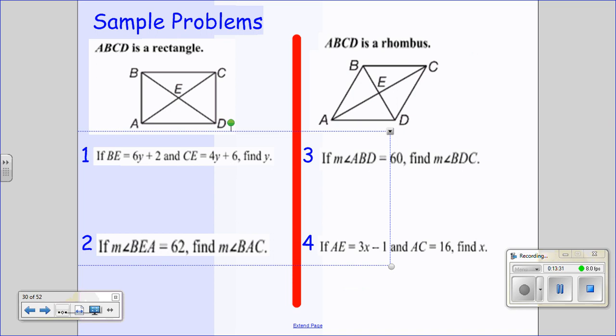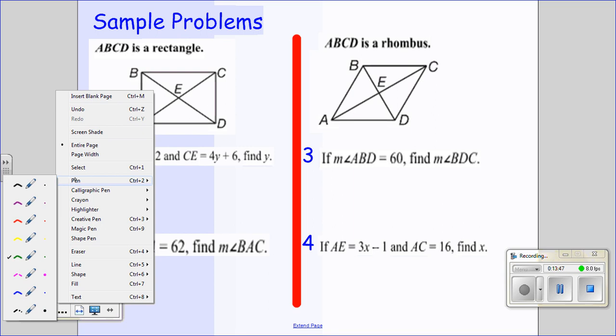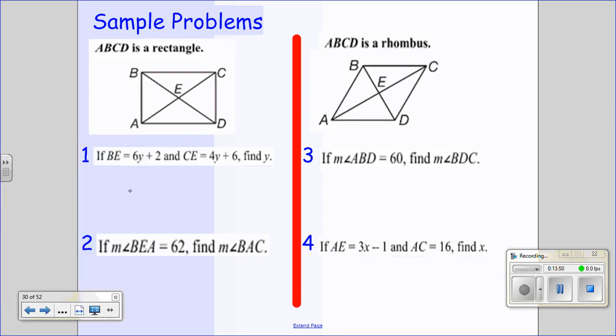So number one and number two have to do with the rectangle on the left, rectangle ABCD. Number one says if BE is 6y plus 2, you can label that on the picture. Well, rewind. Since it's a rectangle, let's mark the rectangle and all of its congruent parts. We know it has four 90-degree angles, right?